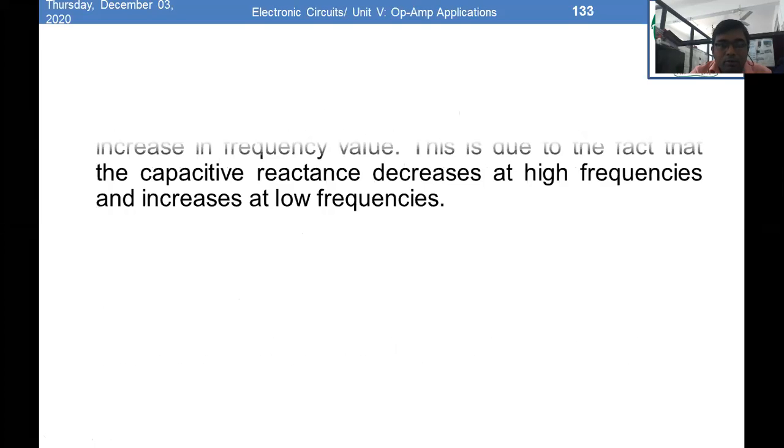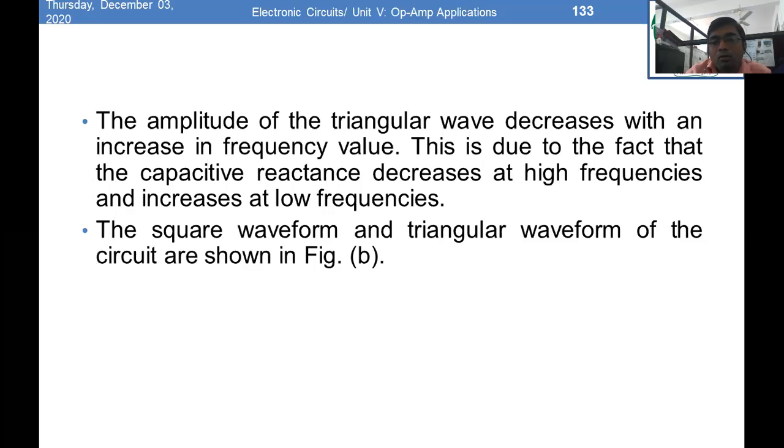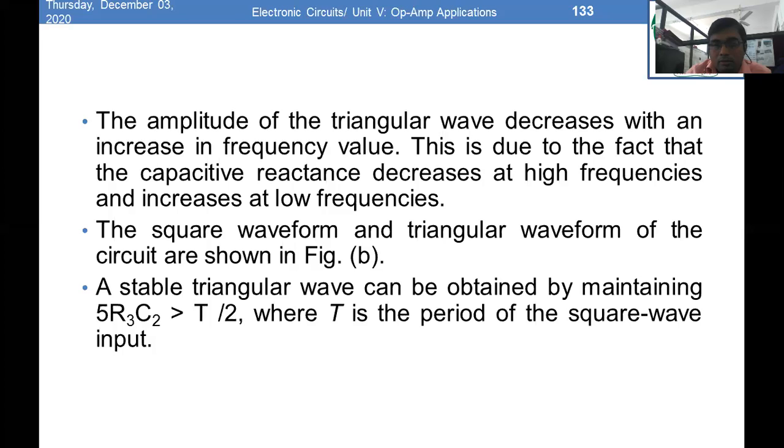The amplitude of the triangular wave decreases with an increase in the frequency value, and this is due to the fact that capacitive reactance decreases at high frequency and increases at low frequency. So in this way we have generated the square waveform along with the triangular waveform. But there is one condition: to get a stable triangular waveform, you have to maintain the condition 5 R3 C2 should be greater than T by 2. Here T is the period of the square wave input.